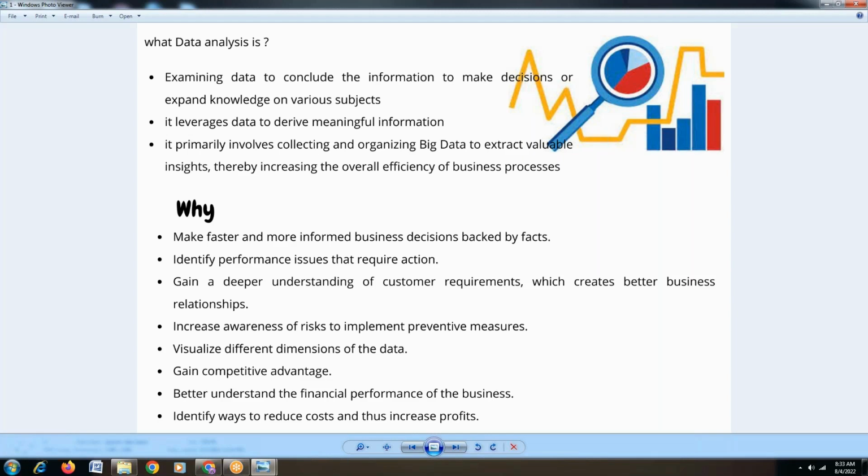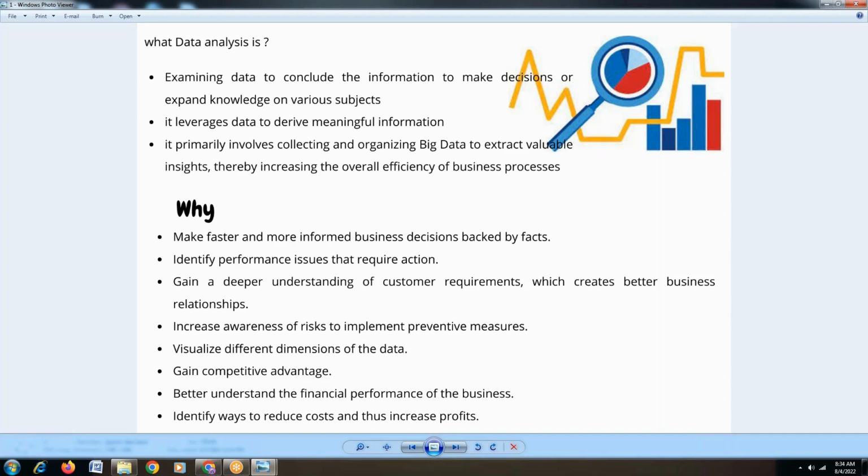Because if you take any organization, especially a customer-centric, customer-connected one, something like retailing, in order to take business decisions or make investments to expand their business, they must know the perception of the customer: what the customer is looking for, why the customer is looking for this, what perceptions they have, and what their future needs are. So all these things are required. So customer requirements are required as well.